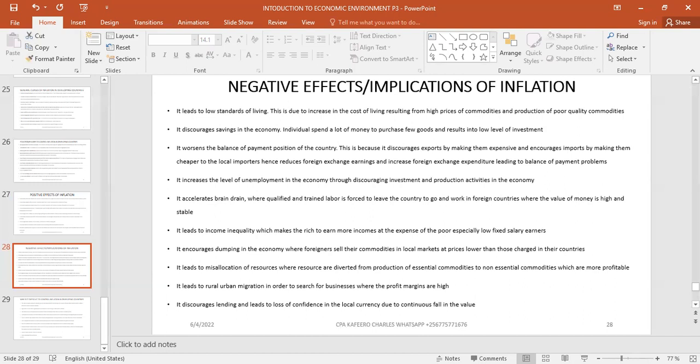Then there is also rural-urban migration. It comes as a result of those people who are somewhere and their pay is not enough. They'll keep moving from villages to town, because you may find that when they produce, let's say, agricultural output, they don't earn much.